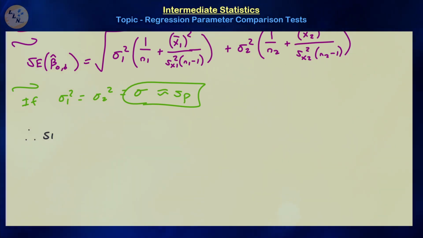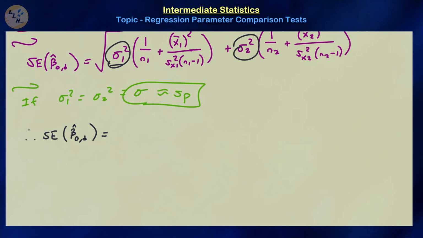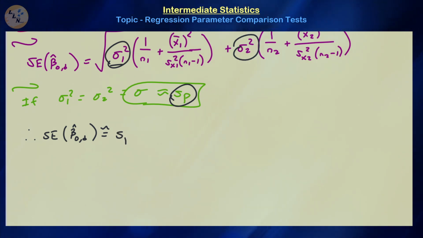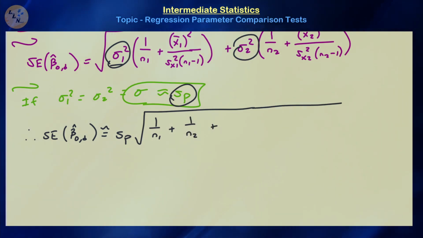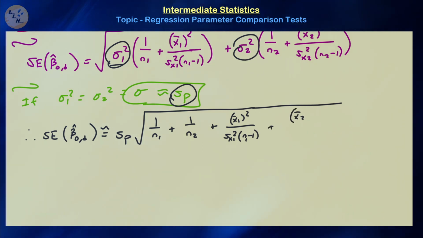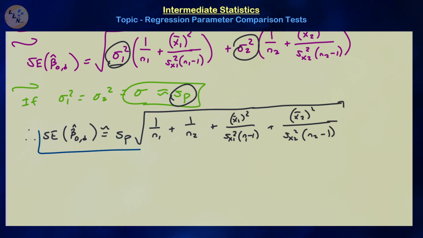Then we can drastically simplify this: the standard error of beta hat 0d is approximately SP times the square root of 1 over n1 plus 1 over n2, and then plus x bar 1 squared all over sx1 squared times n1 minus 1, and x bar 2 squared divided by sx2 squared times n2 minus 1. Right? And that is the simplification that you can do.